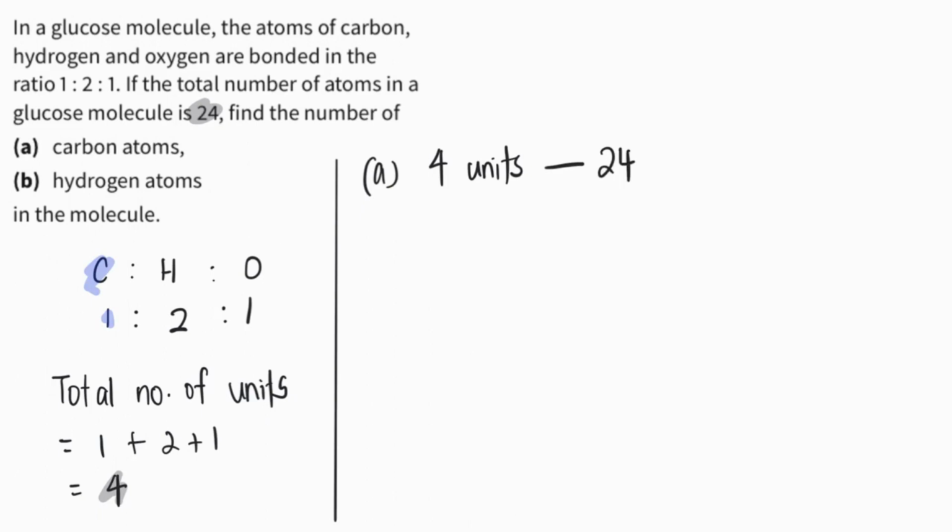And our job now for carbon, which is 1 unit, is simply 24 divided by 4, and I will get 6 atoms. Okay, so 6 atoms for carbon.